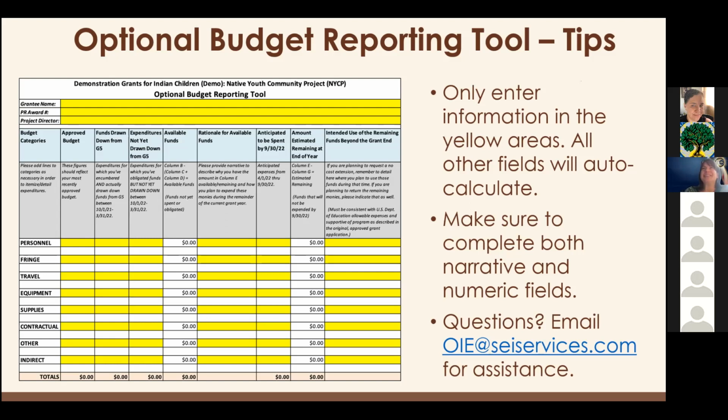Oh, there you go. Right as you were speaking: in the budget, is the budget portion only for the current year's allocation, or does it include any carryover? So, someone correct me if I say anything incorrect here, but that approved budget column is the amount that you have available. It should reflect the numbers from your most recently approved budget, which would include any carryover from the last budget period.